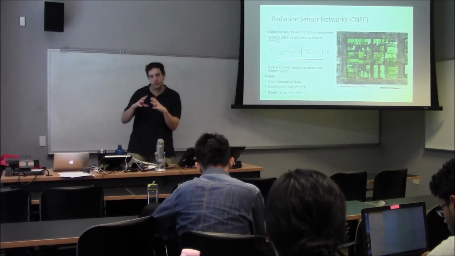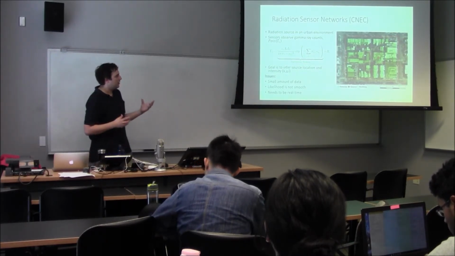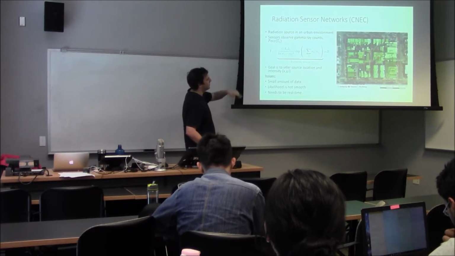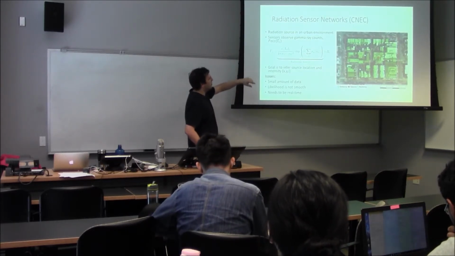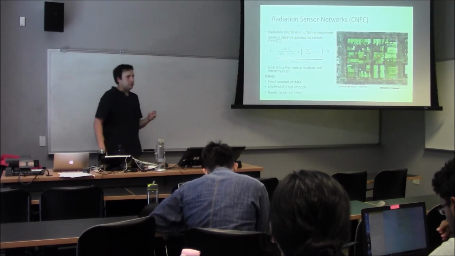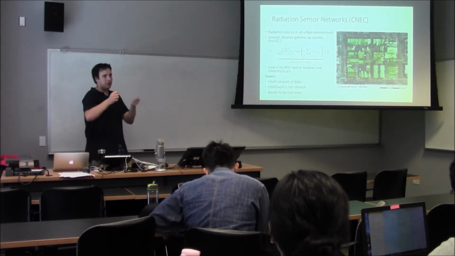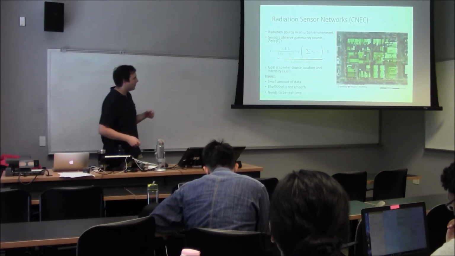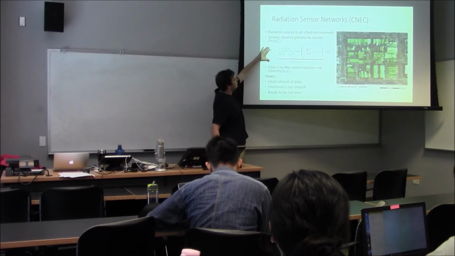What we want to do is take measurements of the gamma rays coming off the source at the different sensor locations. We model each sensor as a Poisson random variable with a mean that depends on the orientation between the source and the location of the sensor. That's what this expression is here.